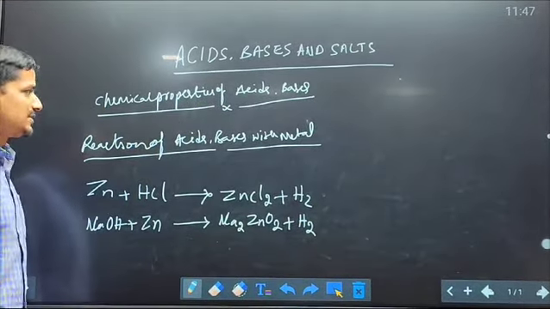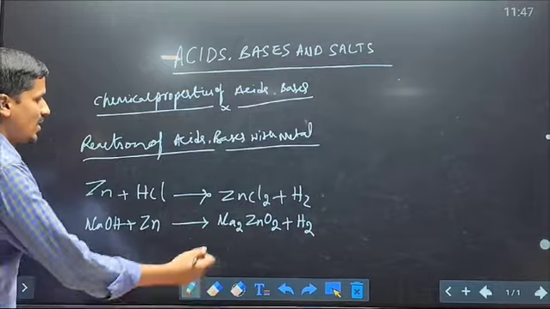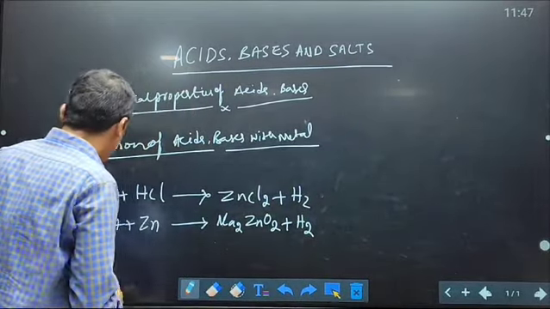So both acids and bases react with metals to form salts and release hydrogen gas.